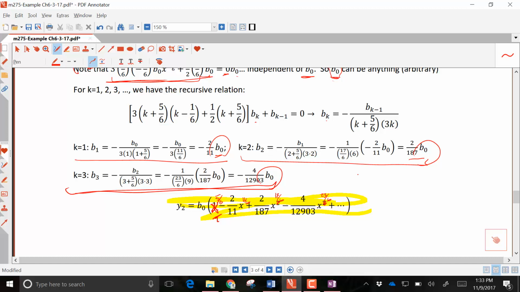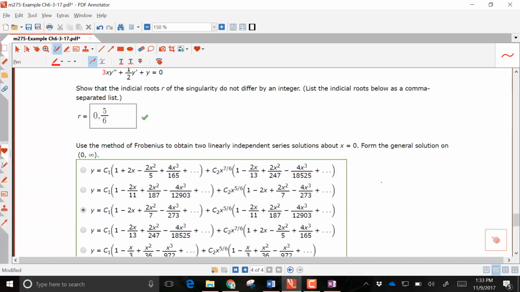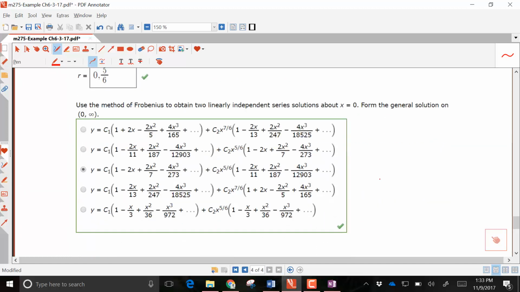All right. So according to the homework, here they even took out a 5/6. So it would be c naught times 1 plus whatever the pattern was. And here they have c2, and then they took out an x to the 5/6. You can imagine each of these having an x to the 5/6, multiplied through with the power. So this is how they would do it.